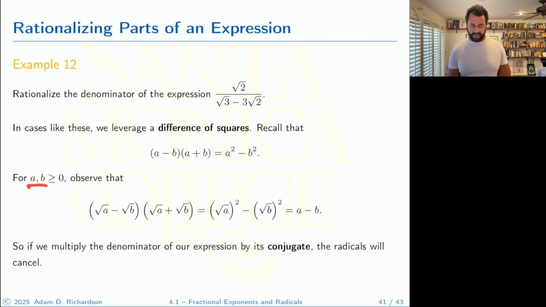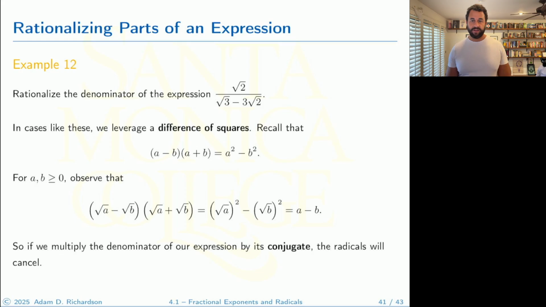So if we assume that a and b are nonnegative, then a minus b can be written as square root of a squared minus square root of b squared. But then this is a difference of squares, which factors like so. Why is this handy? Because we can basically take this product and write it as a minus b.